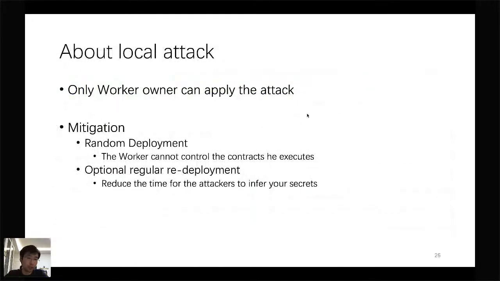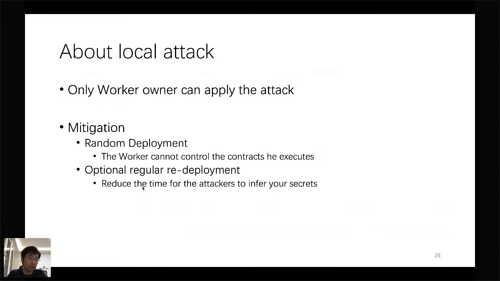Okay, another requirement is the local attack requirement. This means only the owners can apply the attack, because only they have local access to the P runtime, right? And the mitigation is that first we apply random deployment, so the worker cannot control which contract to execute.